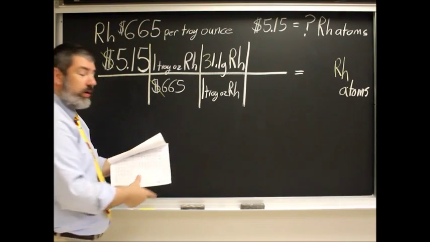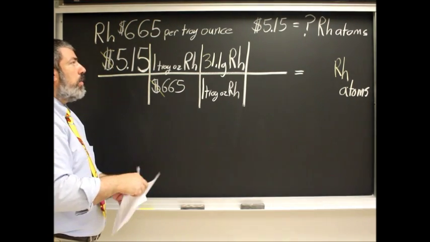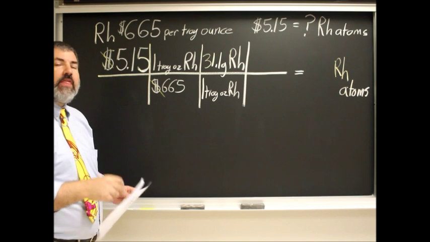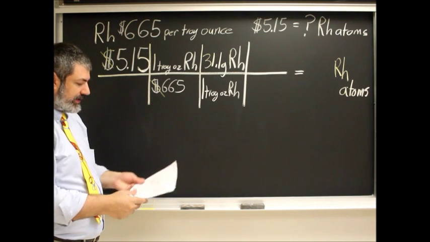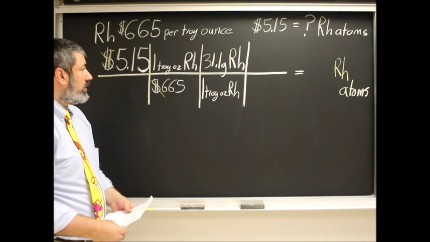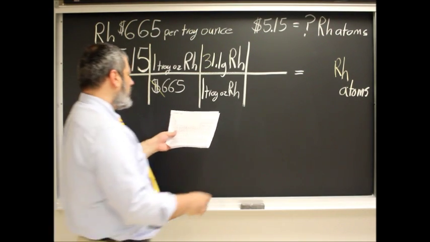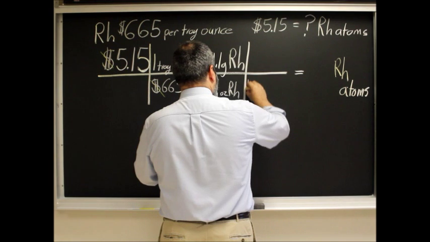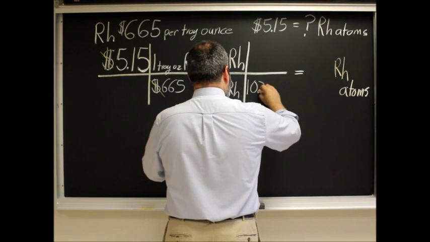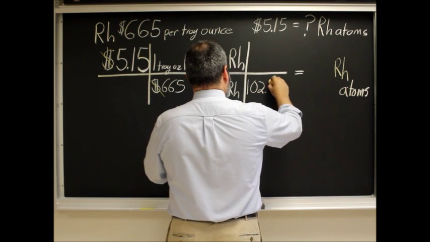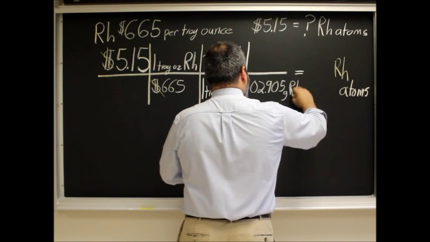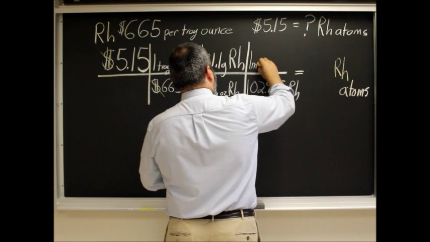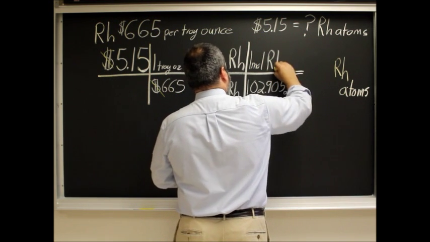We have a mass of rhodium, but we specifically wanted the number of atoms of rhodium. And this is where you need to pull out your periodic table and look up the molar mass of rhodium. Rhodium's molar mass, 102.905 grams of rhodium for 1 mole of rhodium.